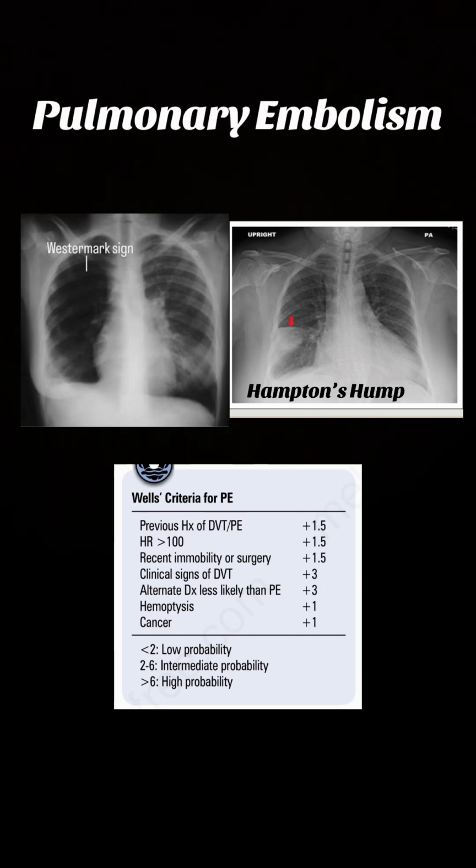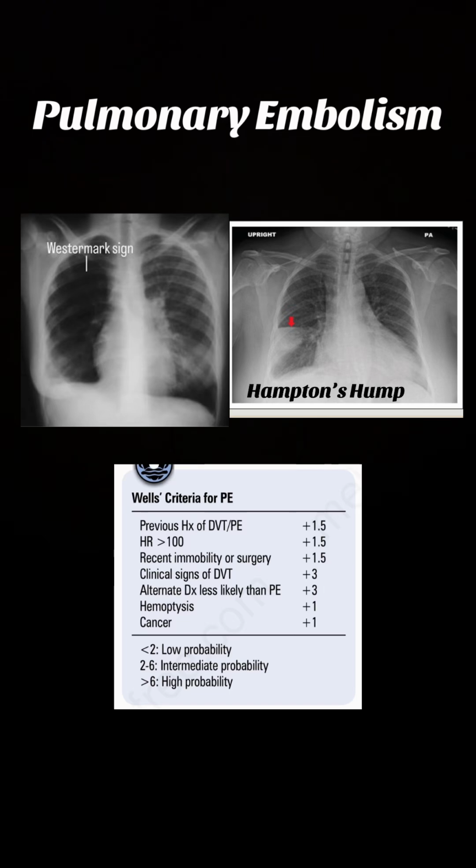So, if someone presents to you with acute, sudden shortness of breath, chest pain, and fever following a surgery that occurred 2 days ago, the first differential that should hit your mind is pulmonary embolism.